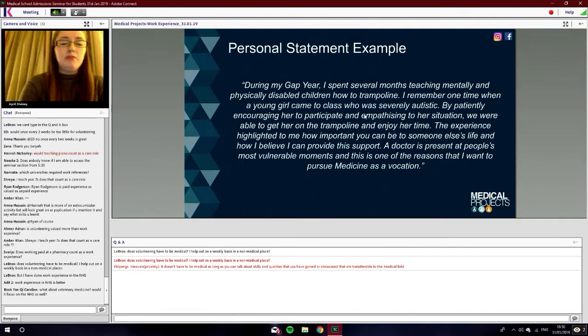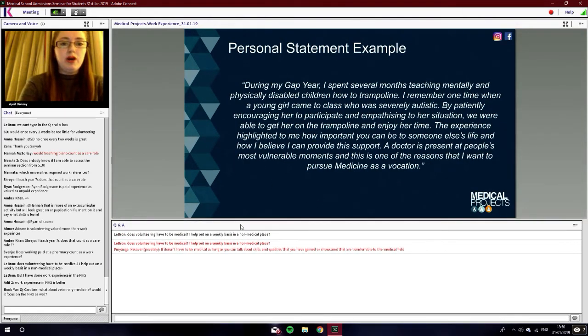Then you can put in your buzzwords. So we've got encouraging, empathizing. Then we can put about vulnerable moments. And then what you can say is what you've learned and how that reflects to being a doctor. A doctor is present at people's most vulnerable moments, and this is one of the reasons why I want to pursue medicine as a vocation.